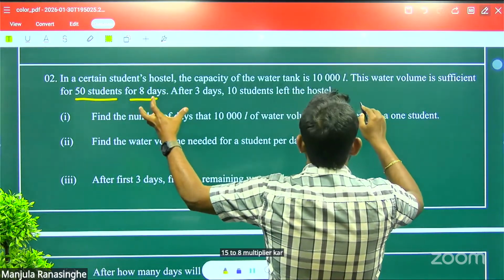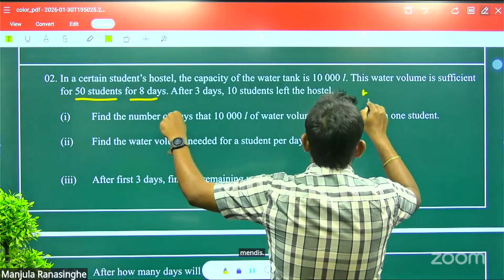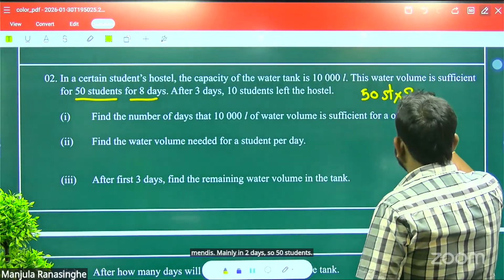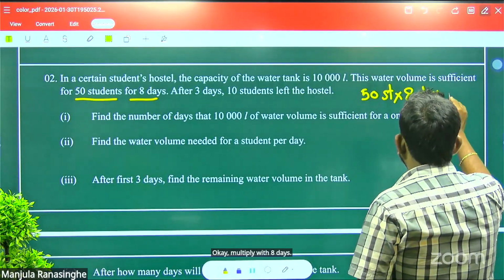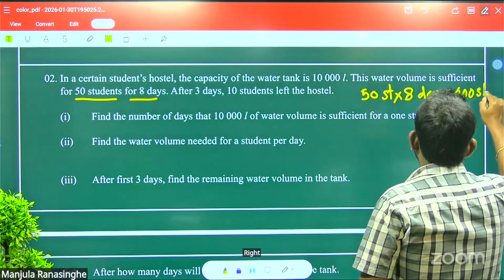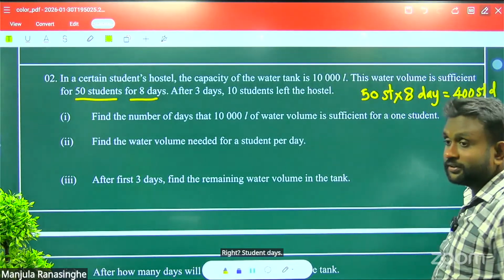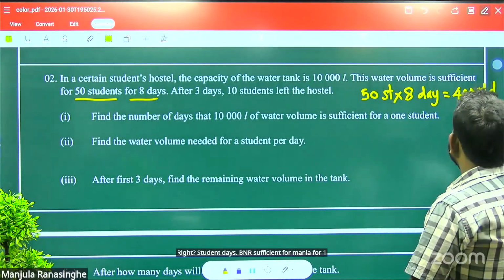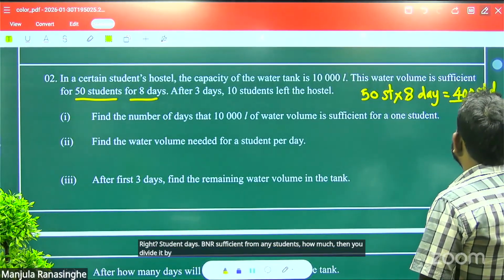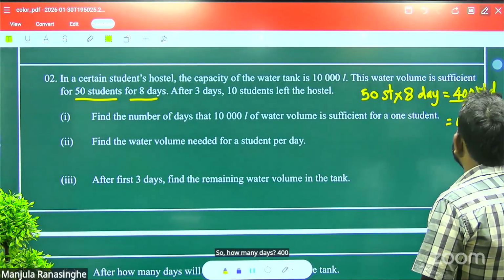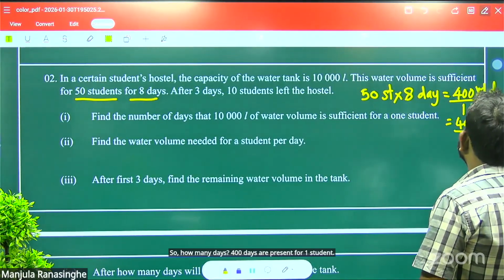Students into days. So 50 students multiplied with 8 days is 400, right? Student days. For one student, how much? Then you divide it by 1. So how many days? 400 days sufficient for one student.